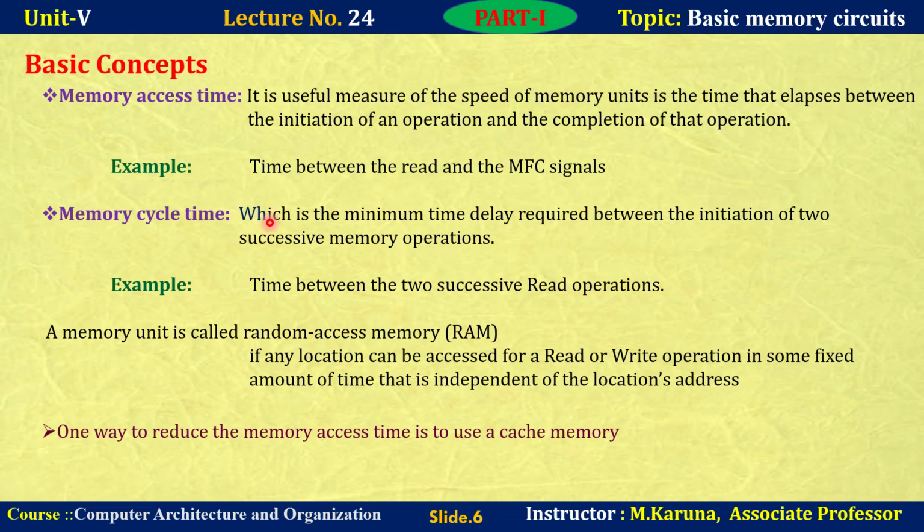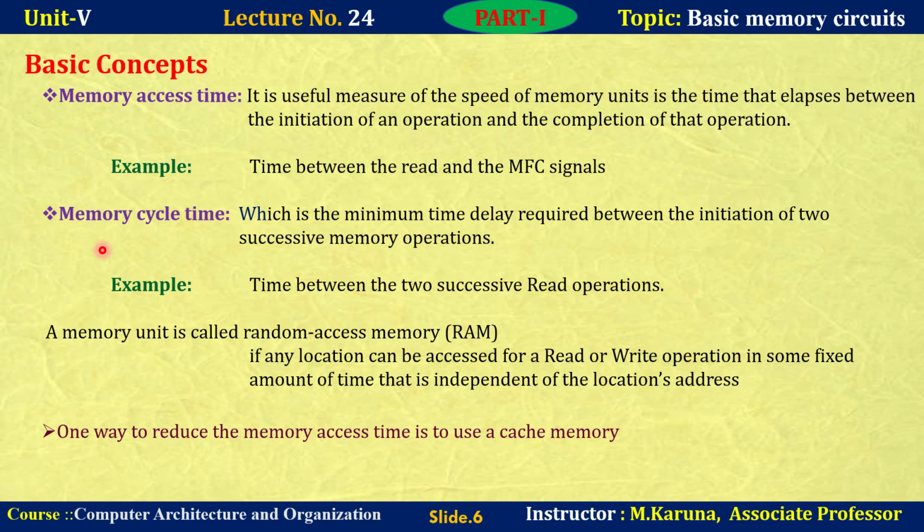Let us see some important points. Memory access time is the time that elapses between the initiation of an operation and the completion of that operation, for example, the time between the read and the Memory Function Complete signals.